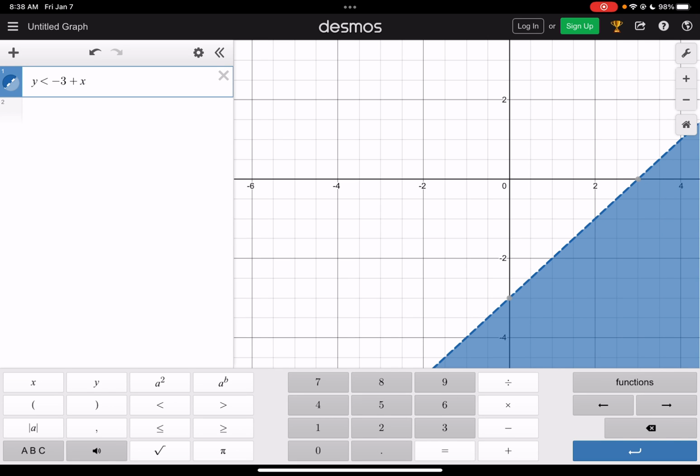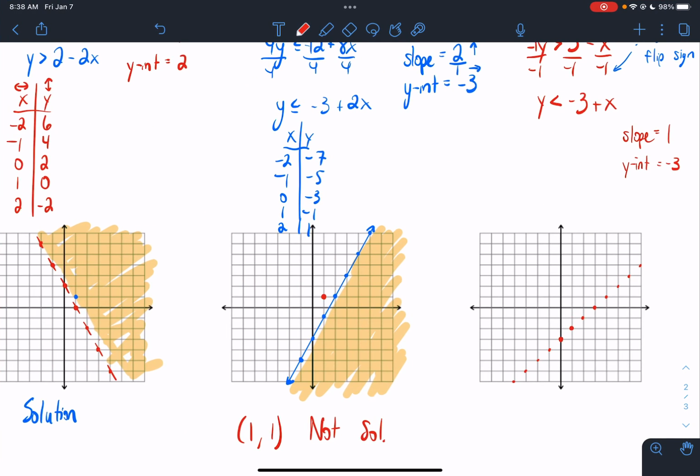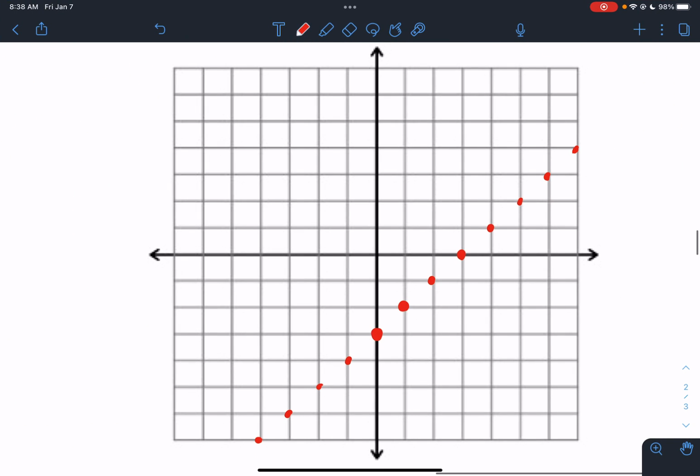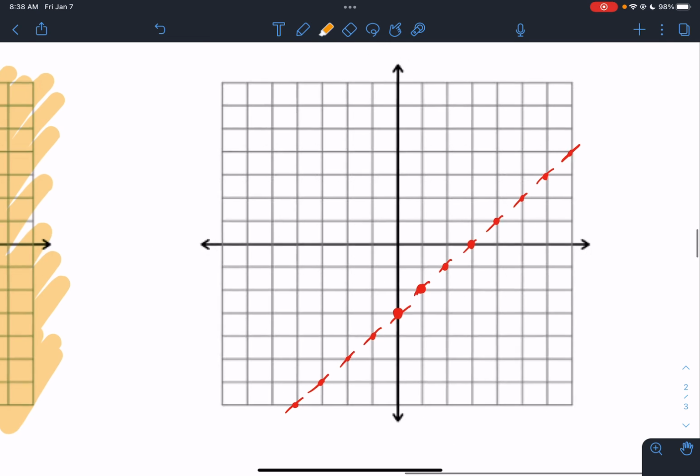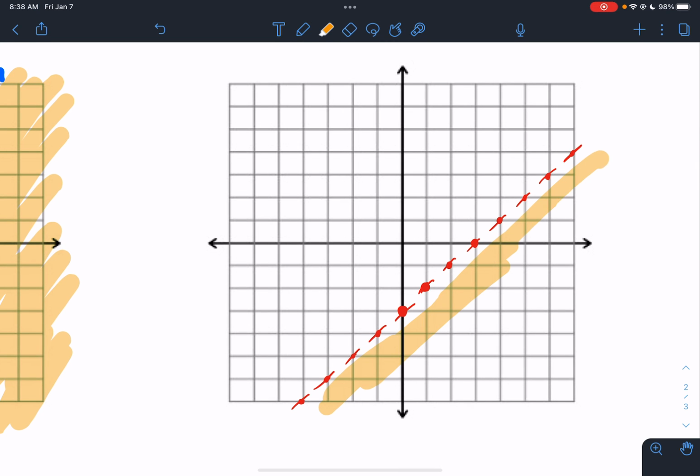So there's a dotted line and I'm shading below it again. So I can do that dashed line. And I can shade everything that's below it.